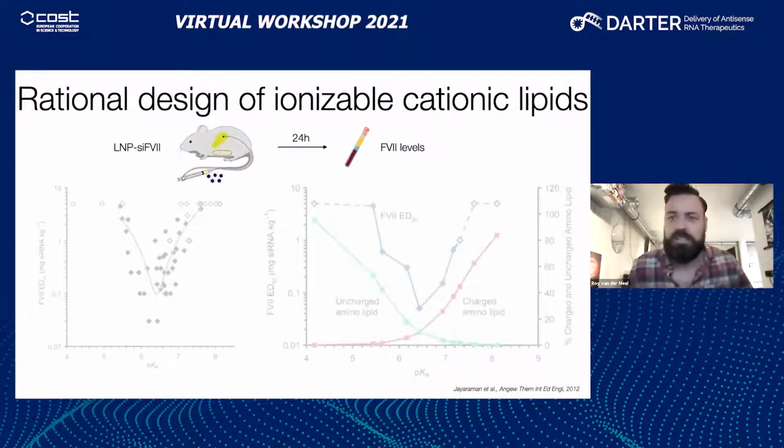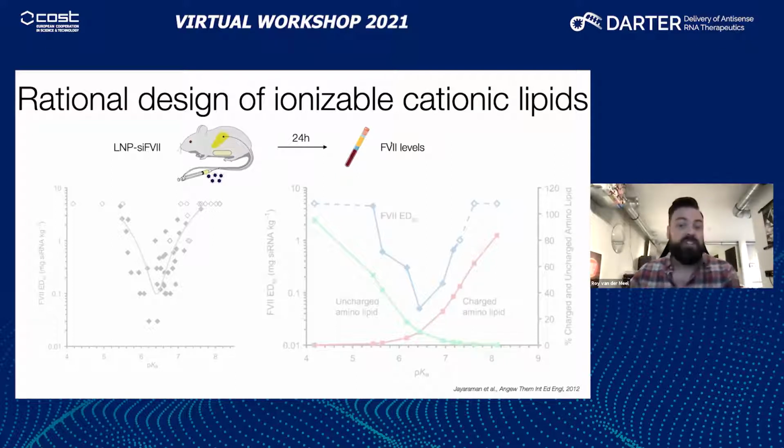Now, how did they screen, at least until the MC3 lipid? They used the factor 7 mice for that. The factor 7 mouse model consists of an intravenous injection of lipid nanoparticles containing siRNA against factor 7, which is a coagulation factor produced in the liver. After 24 hours, you take blood and determine the factor 7 levels.